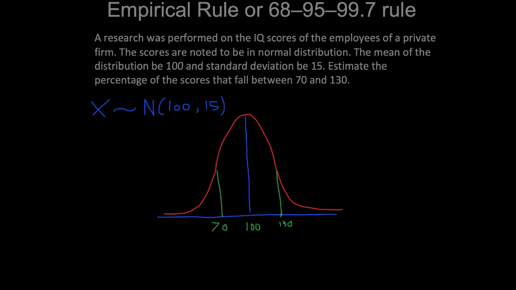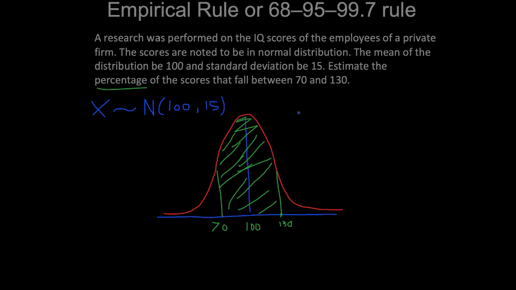They are asking for the percentage between 70 and 130. That means the area under the curve between 70 and 130. So this is the area they are asking about. We can use the empirical rule.